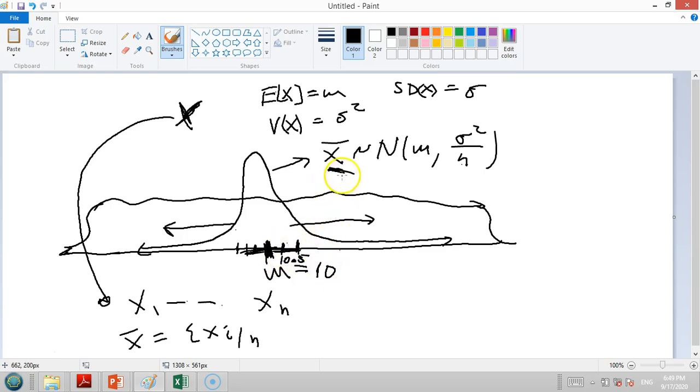However, if I'm getting an X bar, let's say at 20, somewhere here, okay, then I say, hey man, this is probably not a reasonable value. Getting a number like 20 and more extreme than 20, let's say this is the probability of getting something that's more extreme than 20, this I'll say is kind of a 1% chance only.